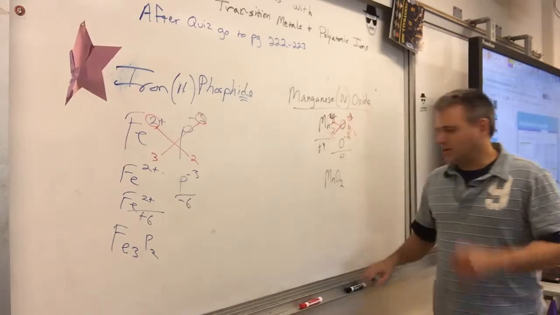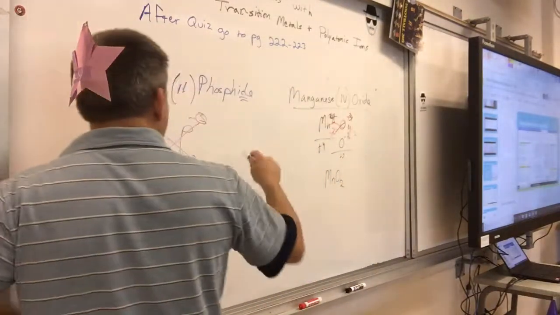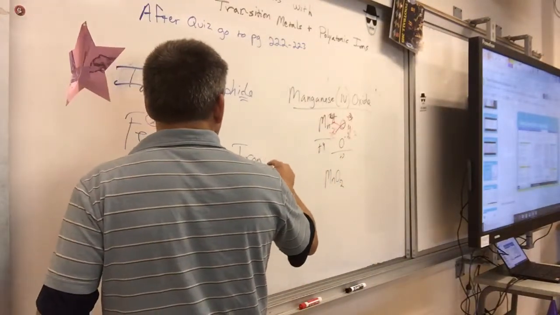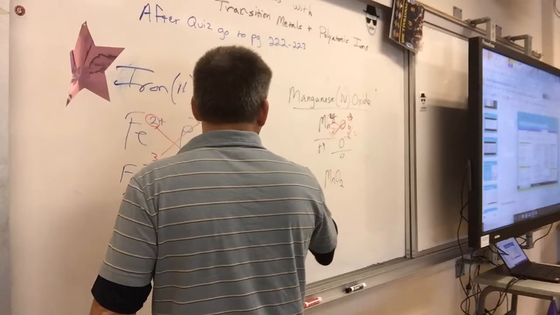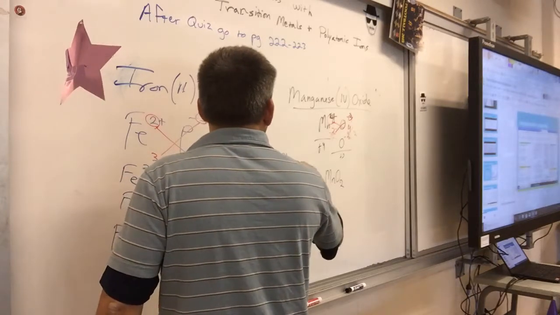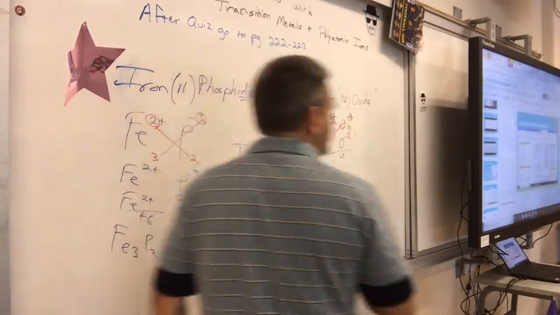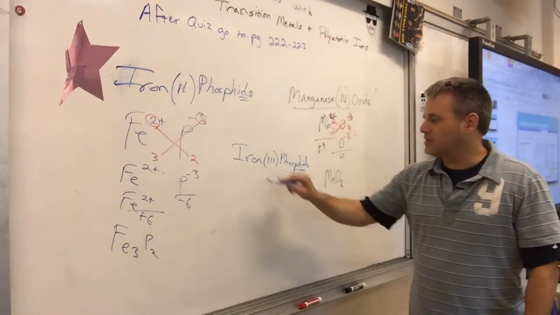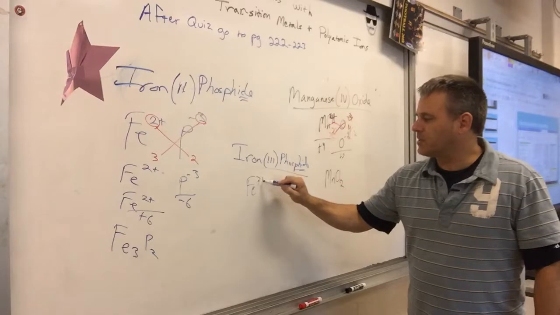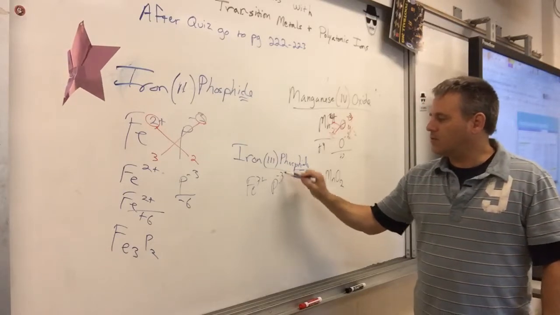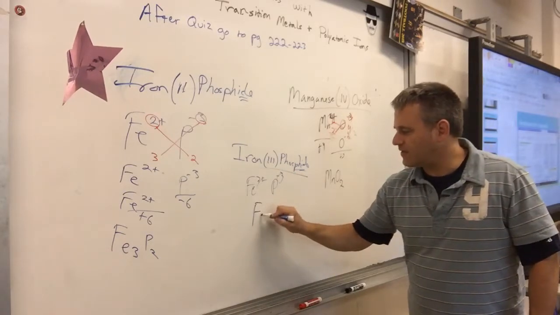For example, here's another one. Iron 3 phosphide. It ends in -ide, it's not off the periodic table. Iron 3, so it'd be Fe 3 plus and P -3. Well, they cancel already, that'd be FeP.